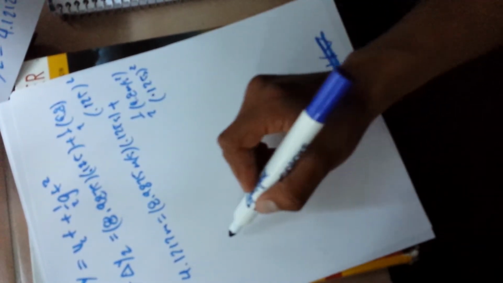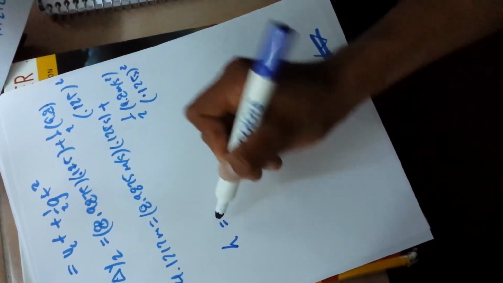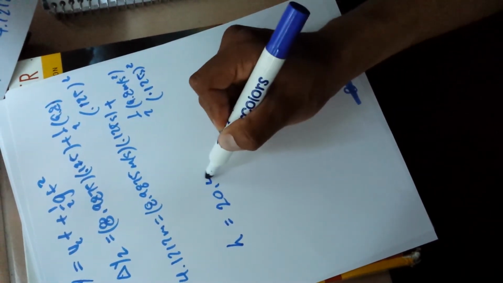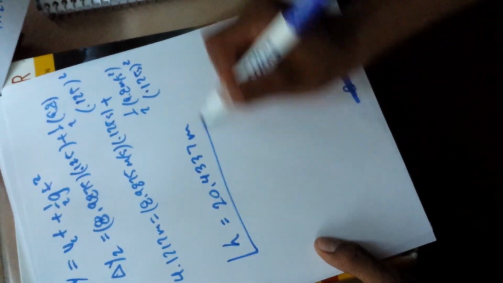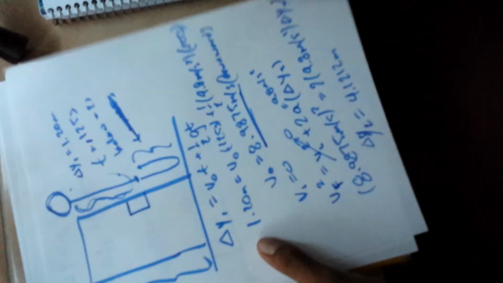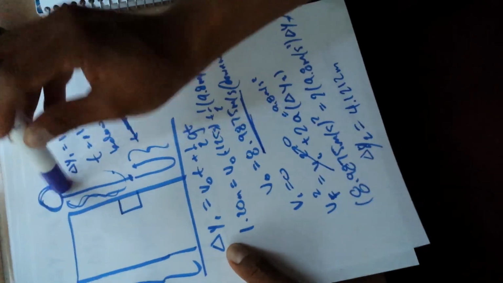So overall, h I get is 1.41337 meters. So that's how much distance the bar took traveling from the top to here.